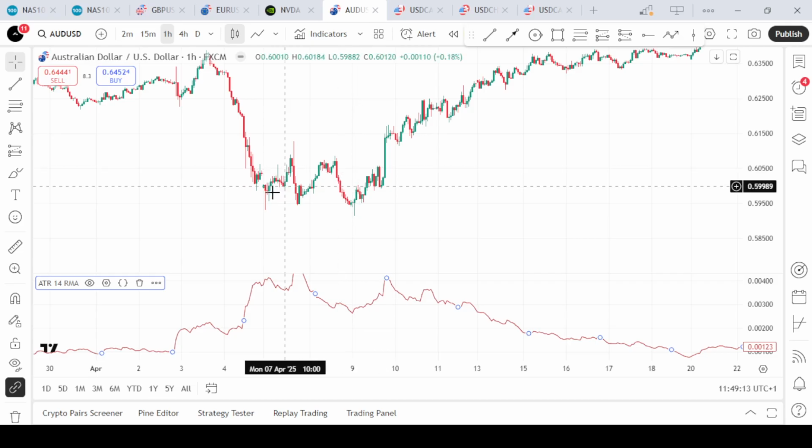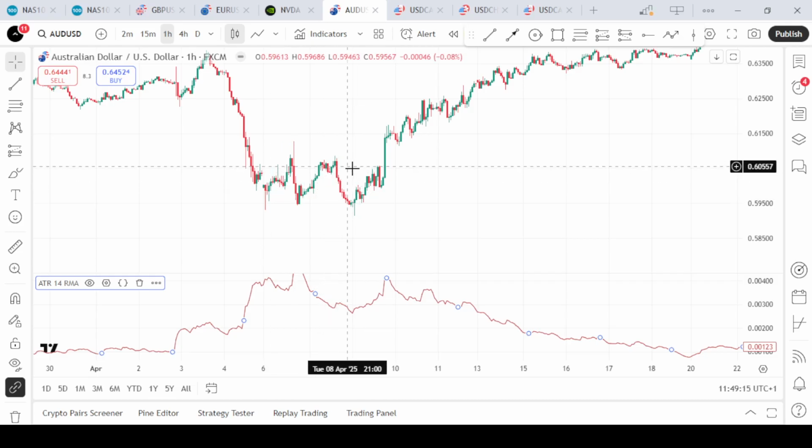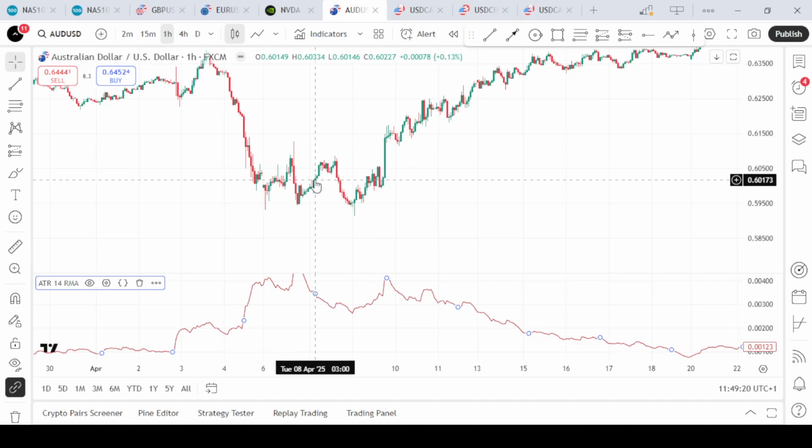Remember, when price breaks above the upper channel boundary, it signifies a potential opportunity to the upside. That's a bullish opportunity. When price breaks below the lower boundaries, this indicates a possible bearish opportunity.